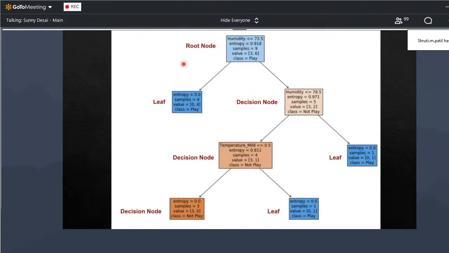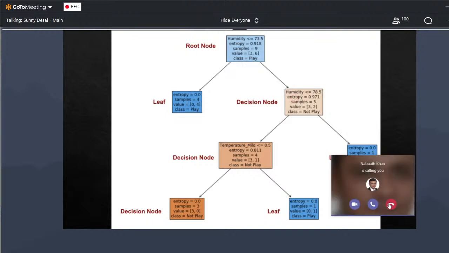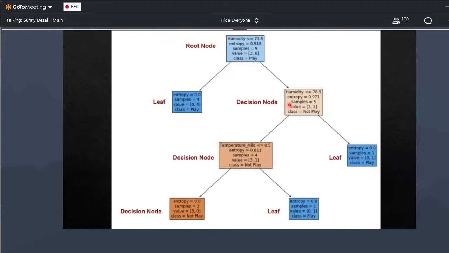So suppose the humidity is less than 75, can you all see on your screen, then the entropy of the next system becomes 0, and there are 4 samples in the data that say that yes, your friend is going to come and play with you. At the same time, if the humidity is more than 75, then there is a probability that your friend will say that okay, I'm not going to play with you.